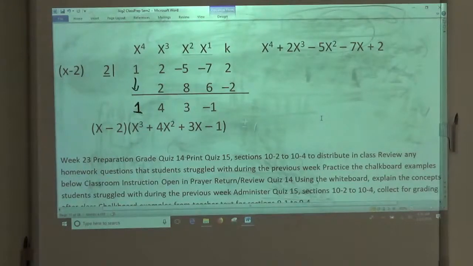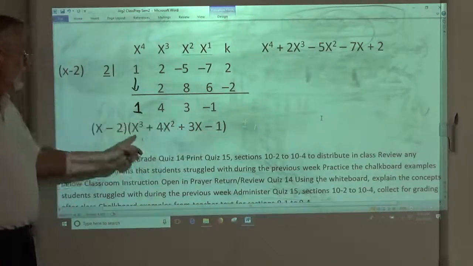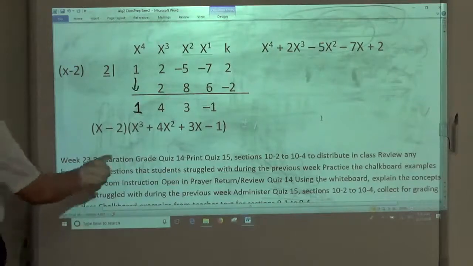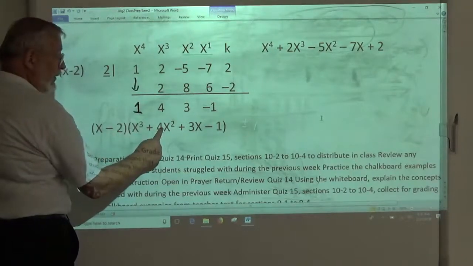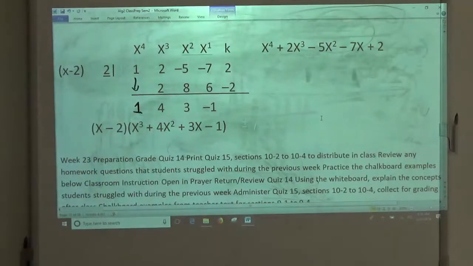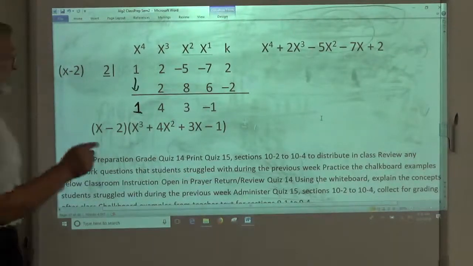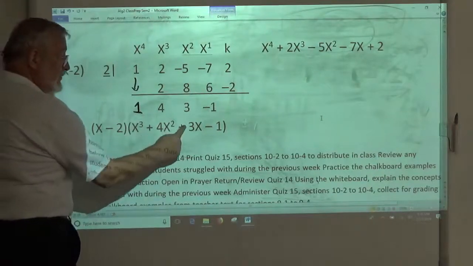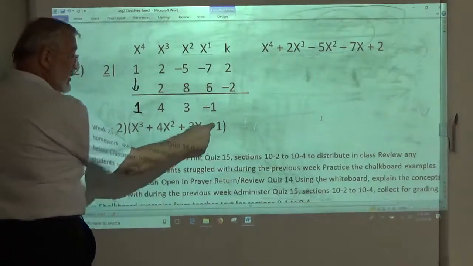So how do we find it? Let's check. Because I have a 1 here and a 1 there, let's see what happens when x is 1. This is 1 plus 4, 5, 8, doesn't make a 0. What happens when x is -1? This is -1 plus 4 minus 3, minus 1.